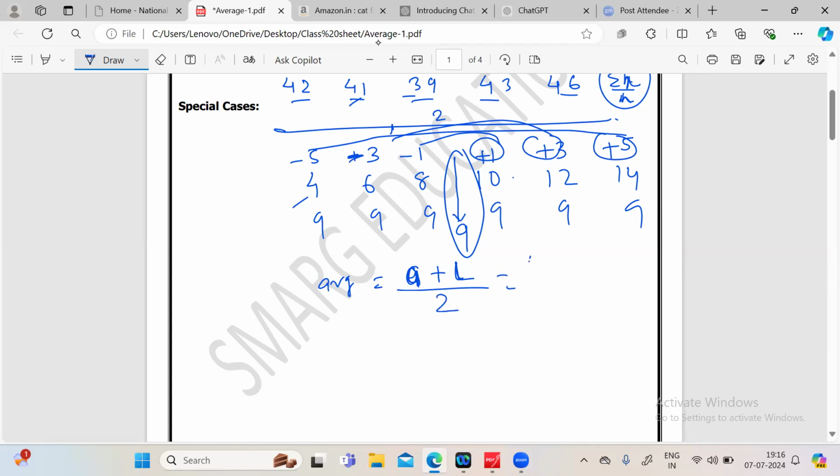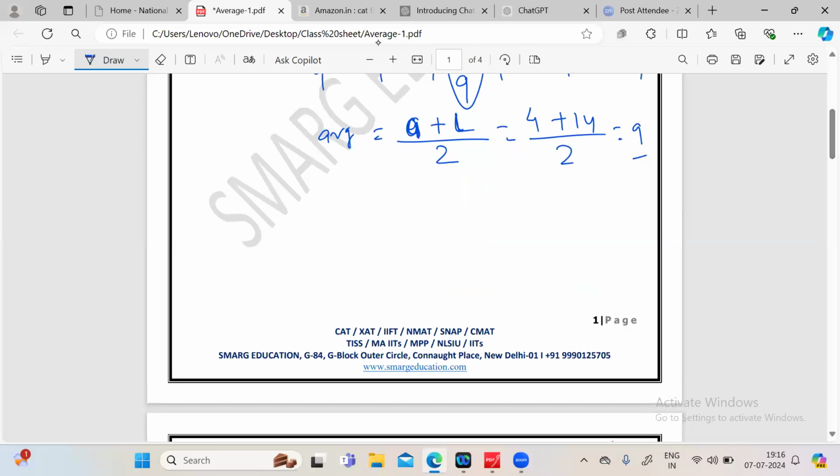Like in this case, 4 plus 14 divided by 2, which is 9.